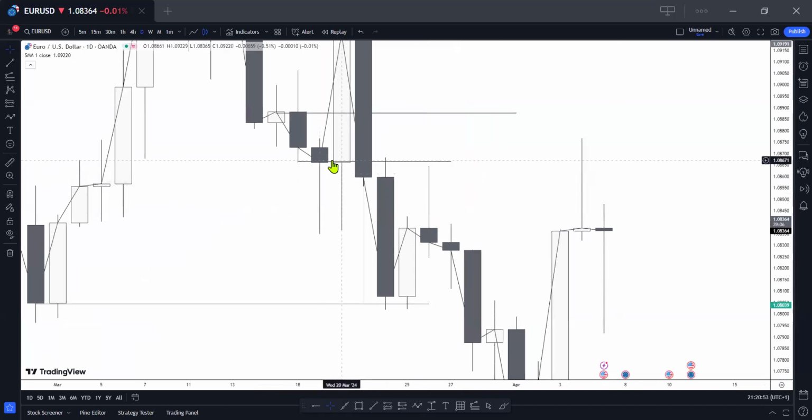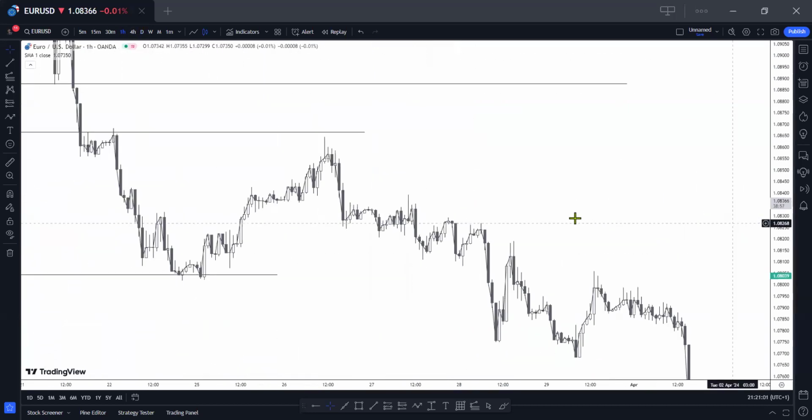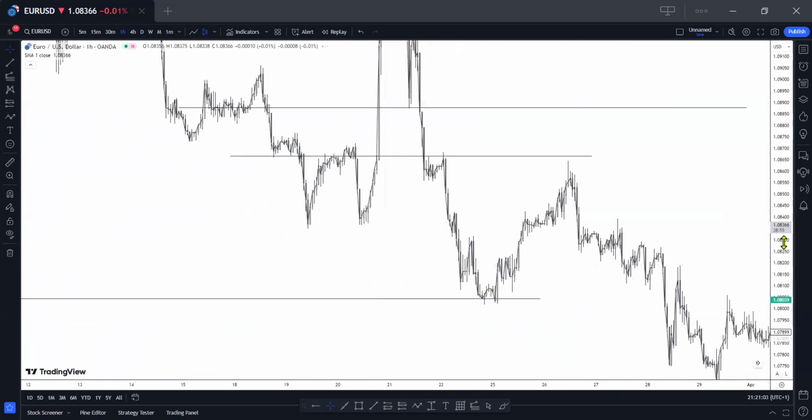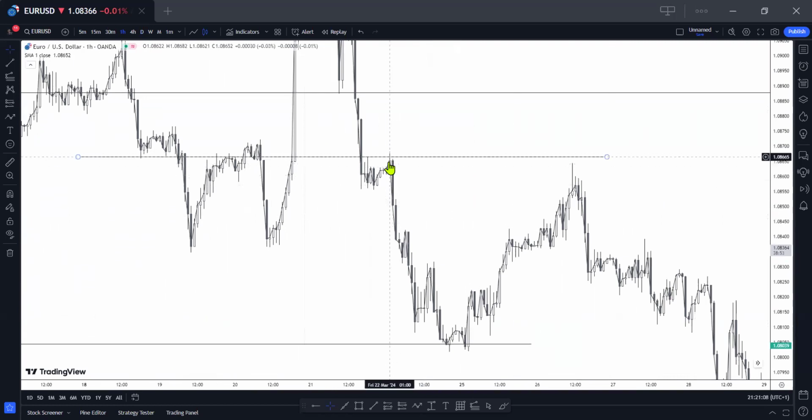This is the support broken, then the retest. How are you going to enter the retest? Go to H1 and look for an engulfing sell. Is there an engulfing sell? Yes. So you wait.